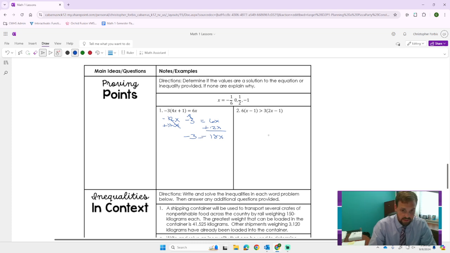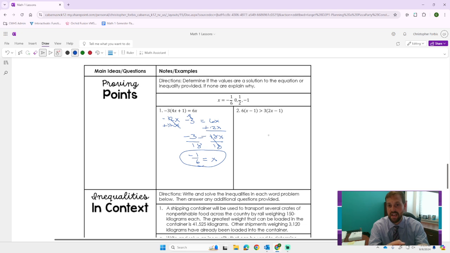Then I'm going to divide both sides by 18, and I get x is equal to negative 3 over 18, a fraction that can reduce down to negative 1/6. So in this equation with an equal sign, we only have one value that could possibly work, negative 1/6.